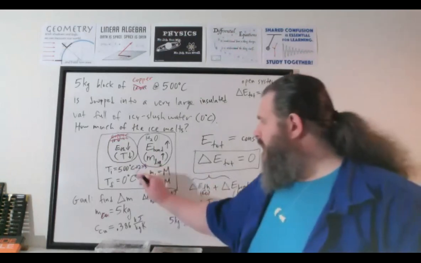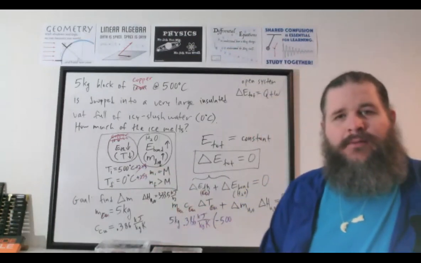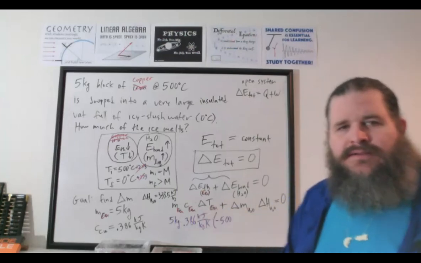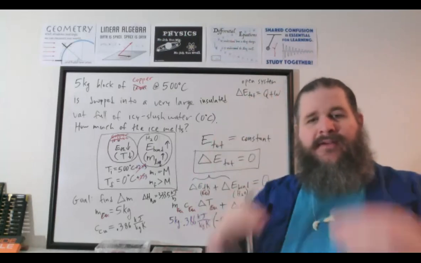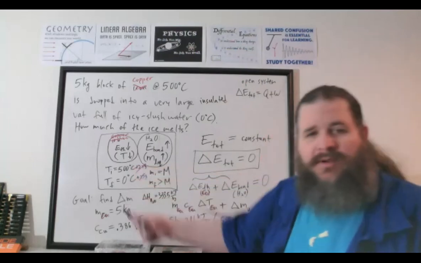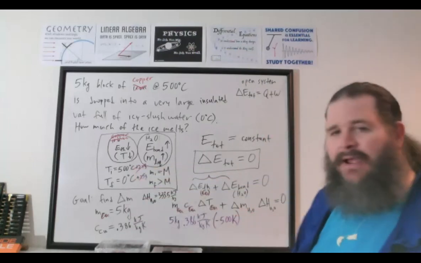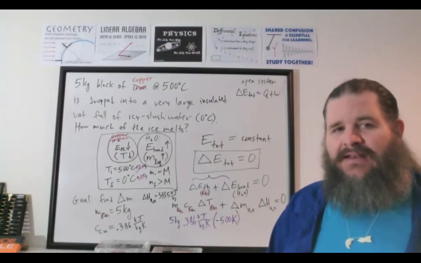Yeah, those are going to cancel out anyway. So you don't actually need to worry about whether it's Celsius or Kelvin. If you're talking about a change in temperature, decreasing your temperature by 500 degrees Celsius is the same as decreasing your temperature by 500 Kelvin. So even though we were thinking of this in terms of degrees Celsius, we can write the change as -500 Kelvin anyway.